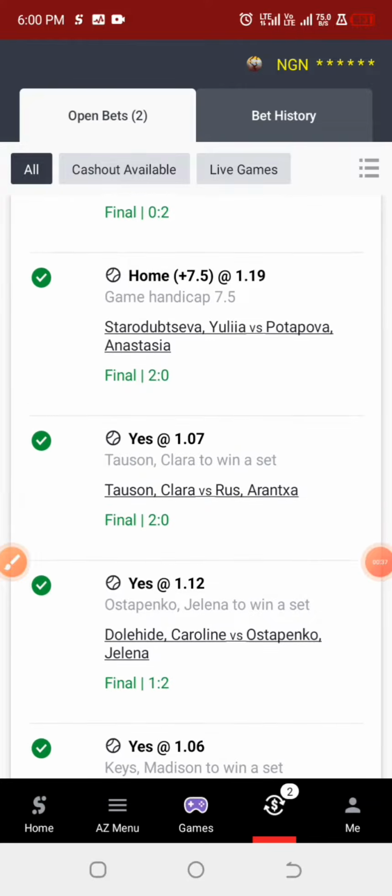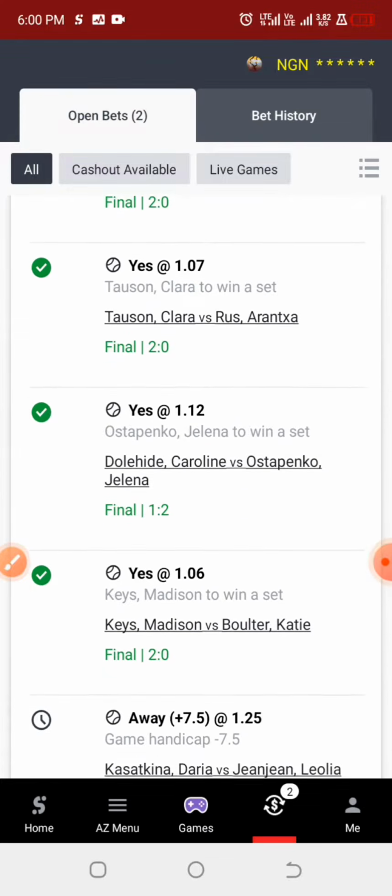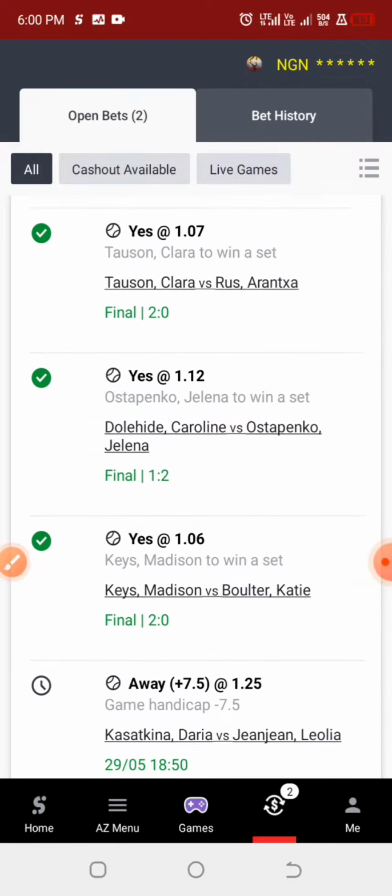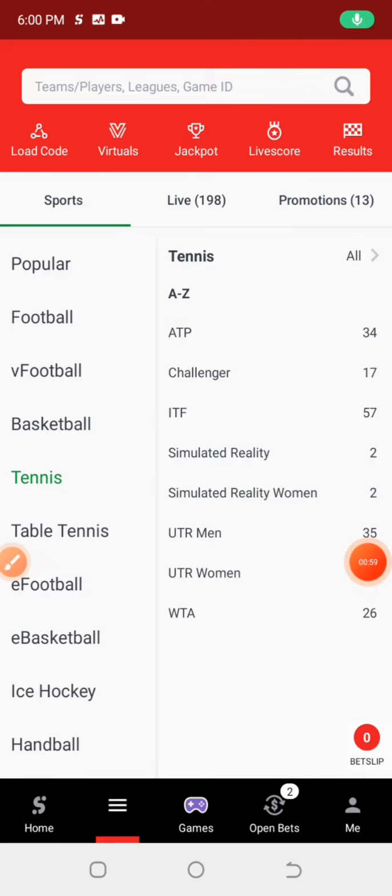Without wasting much of our time, I'll first look into what tennis handicap is, and what we mean by an individual player to win at least a set.